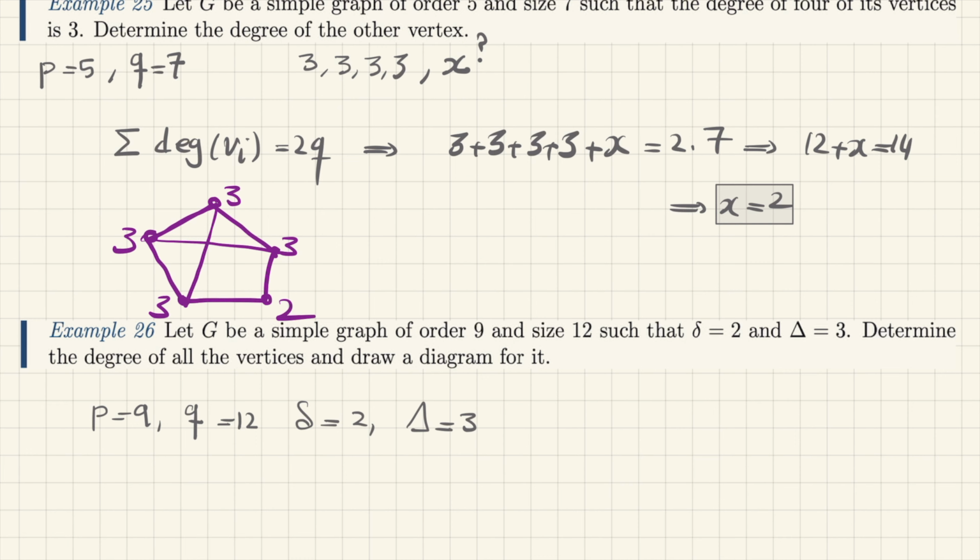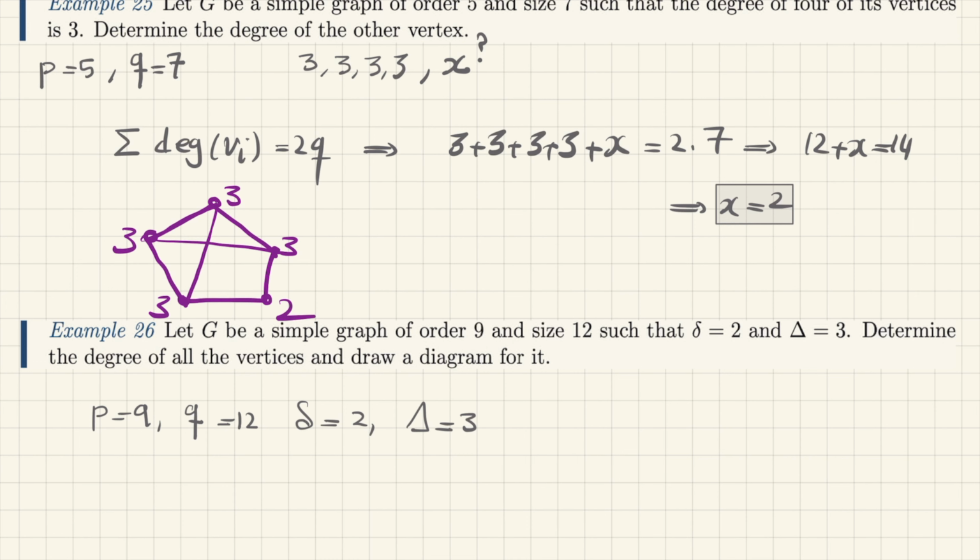Yeah, it is simple, isn't it? It means that there are only 2 numbers available as degrees, either 2 or 3. But we don't know how many of them are of degree 2 and how many are of degree 3. We want to understand that.